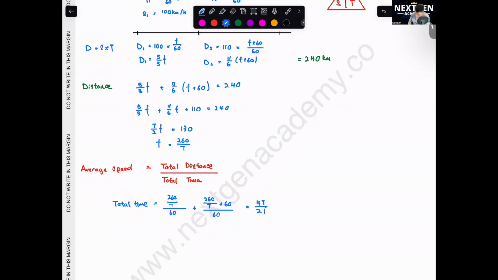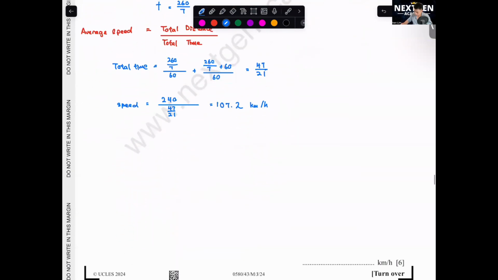Therefore, the speed is distance, 240 over 47 over 21. You'll get 107.2. I already changed all this to kilometers and hours, so units are very, very important here.